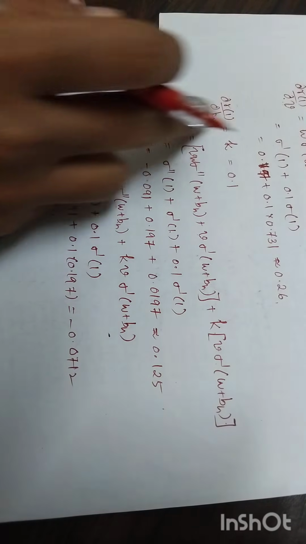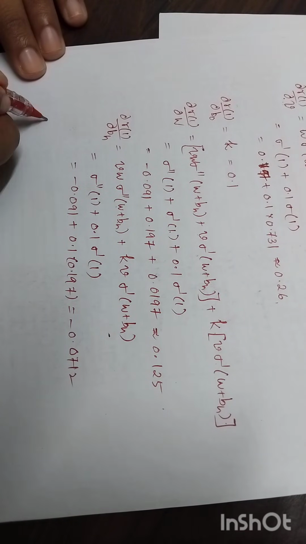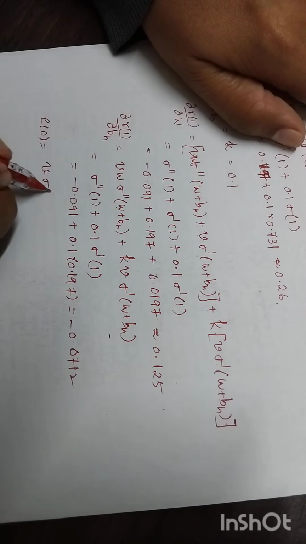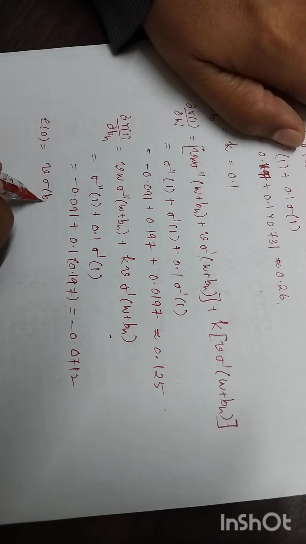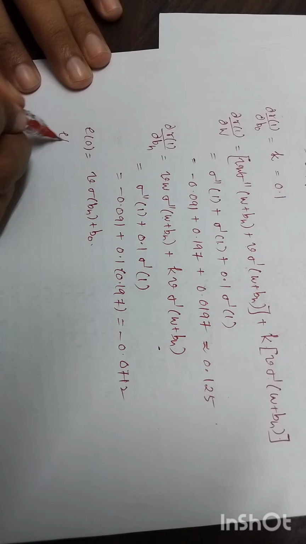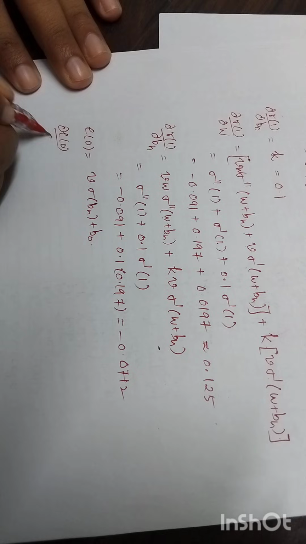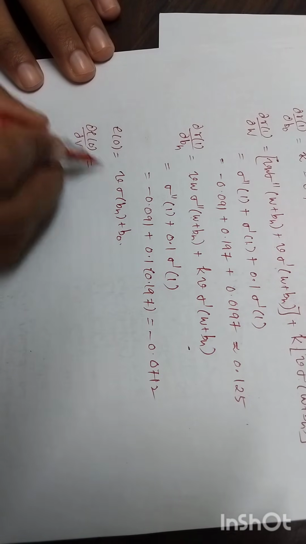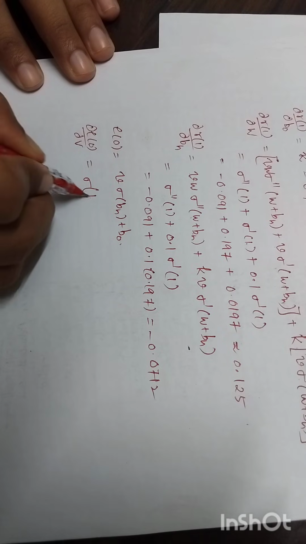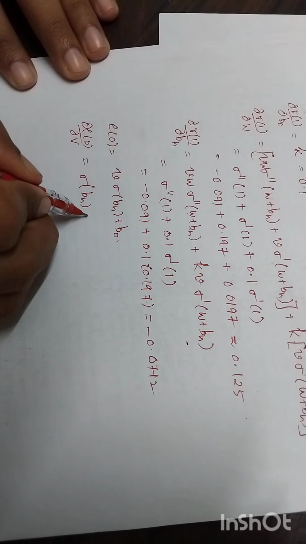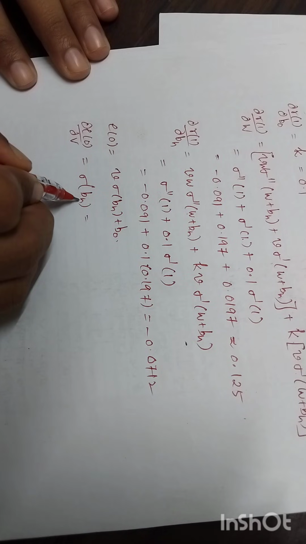Similarly we have to calculate with respect to e0. I will rewrite it again. E0 is V into sigma of BH plus B naught. Now if you take the derivative of e0 with respect to V, it would be sigma of BH only, B naught is 0. What is the BH value provided?